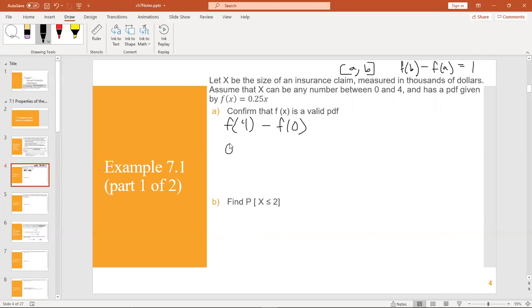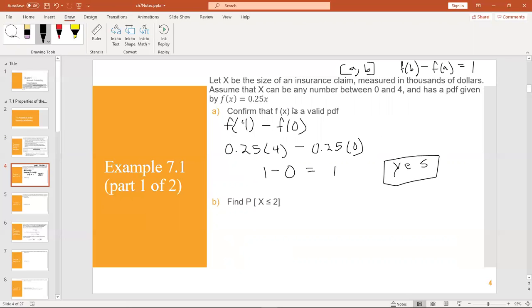So f of 4 is 0.25 times 4, minus f of 0, 0.25 times 0. 0.25 times 4 is the number 1. 0.25 times 0 is the number 0, and 1 minus 0 is 1. So yes, that checks out.